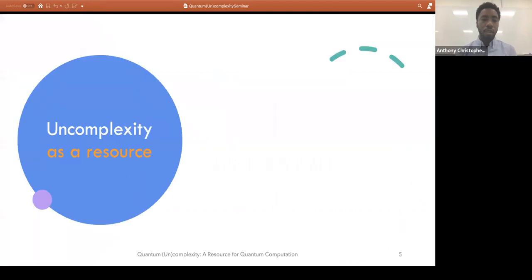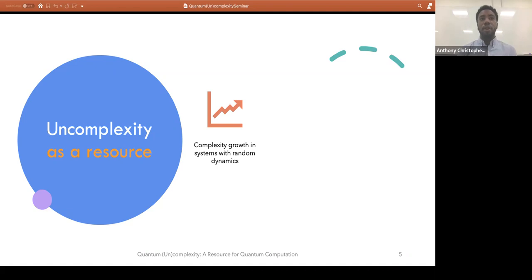Okay, so we've defined uncomplexity, and now we want to get to motivating the crux of the matter, uncomplexity as a resource. There are a couple of motivations here. The first is complexity growth in systems with random dynamics. It turns out that in systems with random dynamics, the complexity of the system increases linearly for a time exponential in the system size.